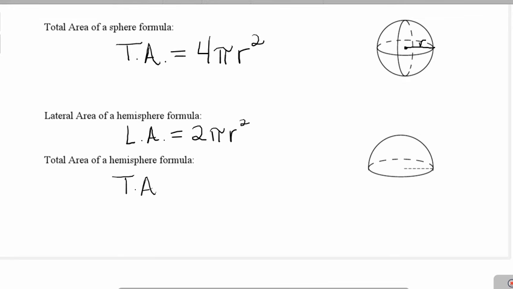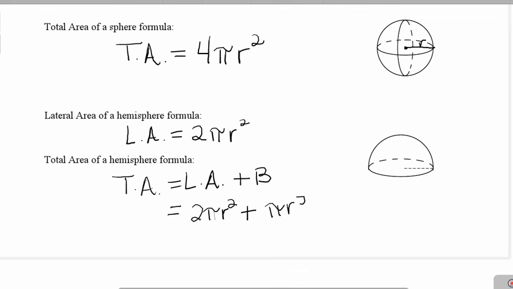To calculate the total surface area, you're going to take the lateral area of your hemisphere and add the area of one base. Now, sometimes some people like to think of this formula as 2 pi r squared, that would be the lateral surface area, plus the area of the base, pi r squared, and we can simplify this to 3 pi r squared. So that's another way. Whatever way you feel is easier for you to remember, if you just want to remember it like this, or if you want to memorize it like this, either way. Again, the radius would be this distance here.